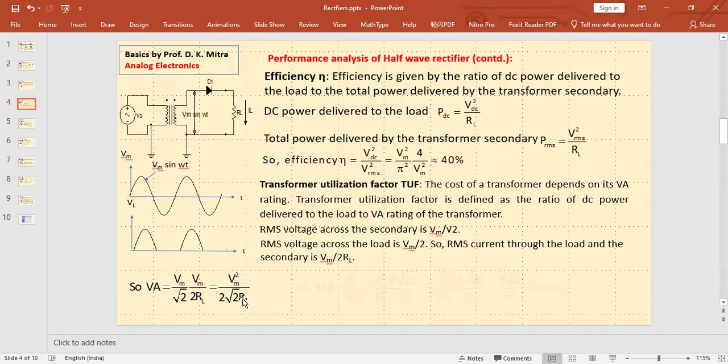And now what is the transformer utilization factor? It is the DC power delivered here divided by the VA rating of the transformer. So the transformer utilization factor is the DC power delivered here, VDC square by RL, and this is the VA rating of the transformer. So 2 root 2 RL will go to the numerator and Vm square will come to the denominator.